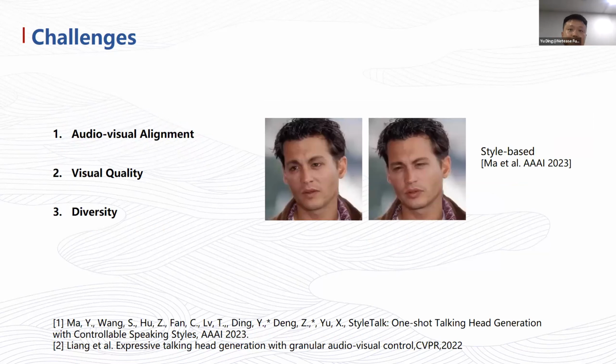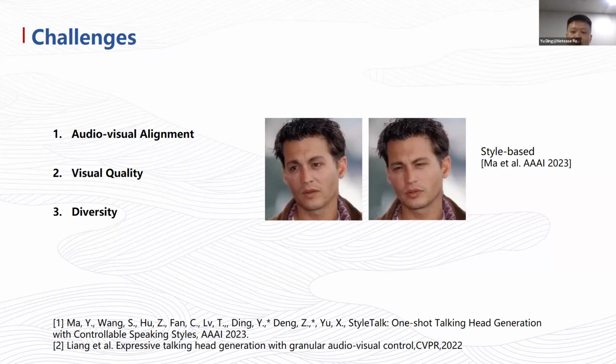A recent work of ours attempts to address another challenge: the diversity of generated video. Indeed, the mapping from speech to video is essentially a one-to-many mapping problem. It means that one audio may correspond to multiple expressions, including multiple mouth shapes, upper facial expressions, and different head motions.